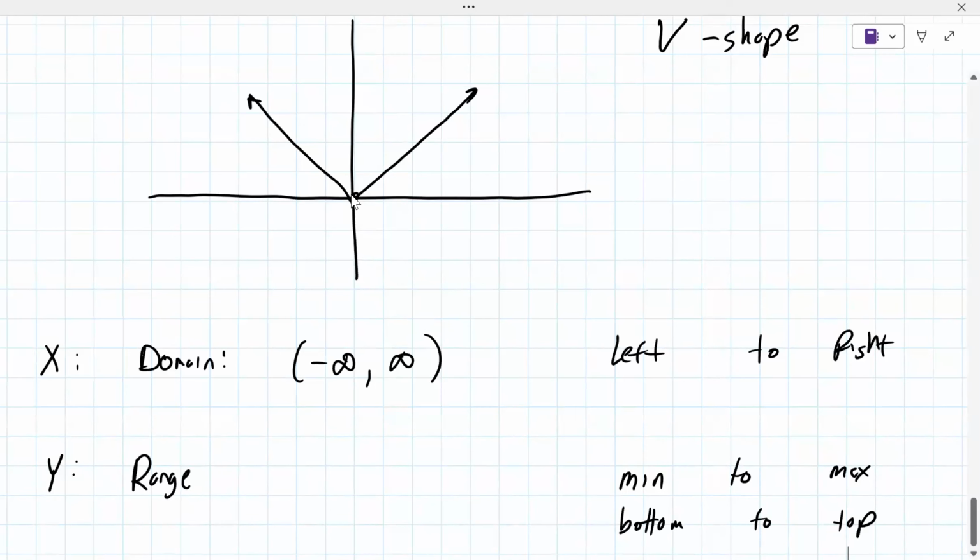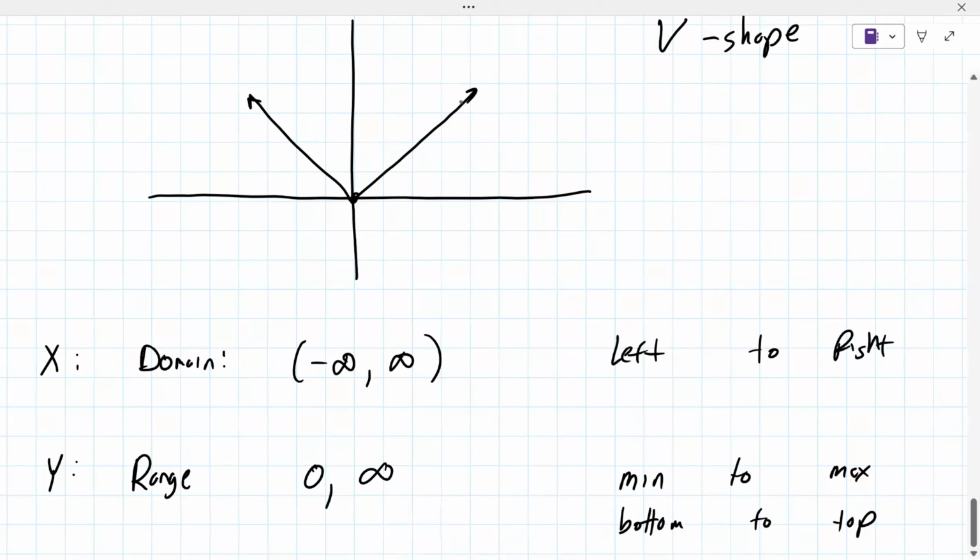What is the smallest Y value where my cursor is? What's the Y value there? 0. So we know it starts at 0. And then how far up does this go? Like how far up in each direction does it go, or are they the same? Well, I would think they're the same. How far up does it go?